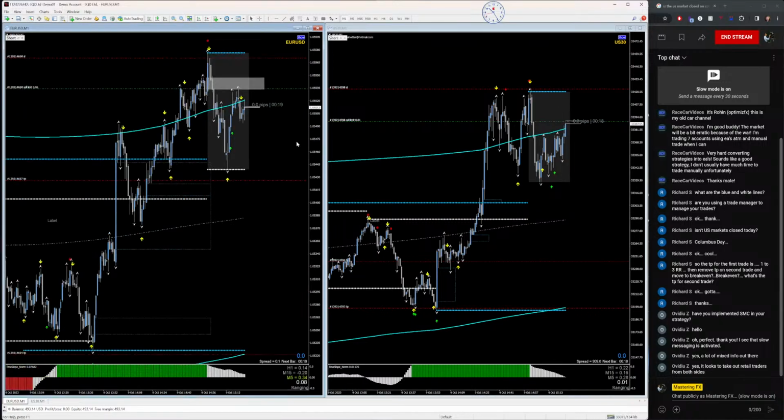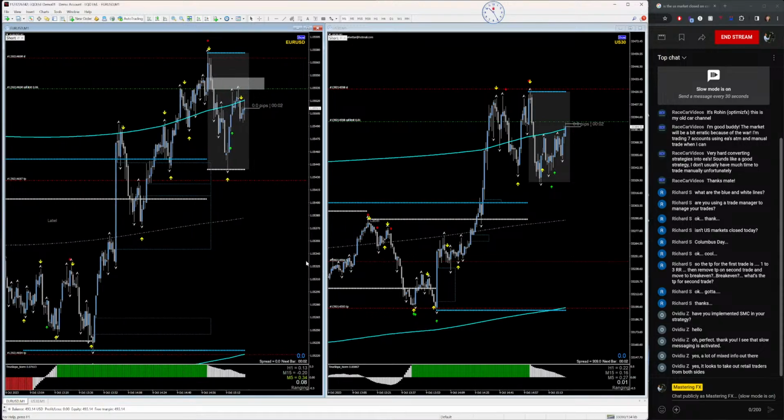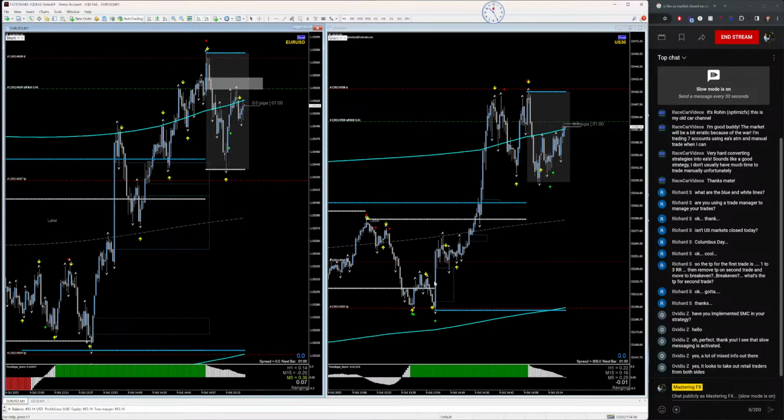So let's see. This is still set up right? 3.6, 9, 10.8. 10.8, perfect. And this is good too. We might get tagged in on this one, you know.